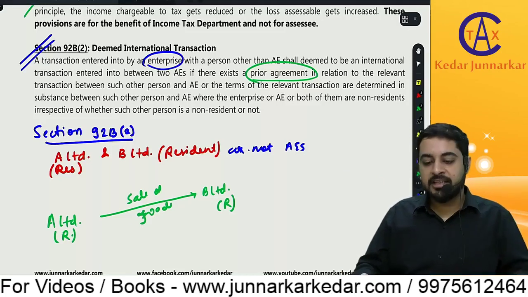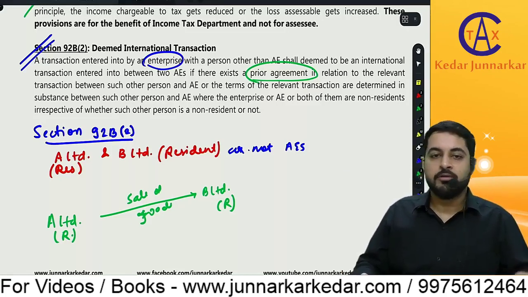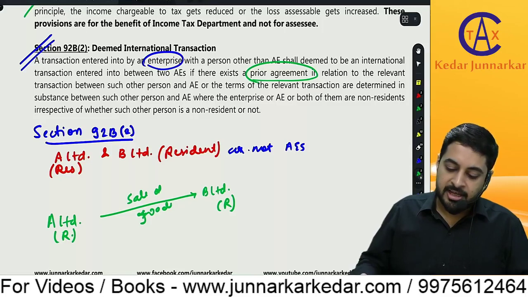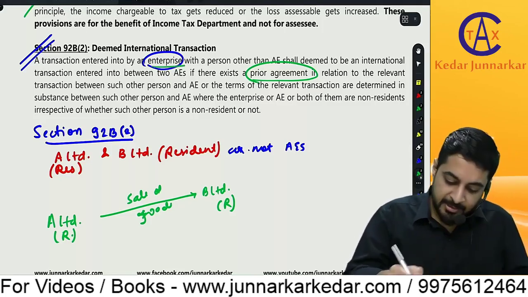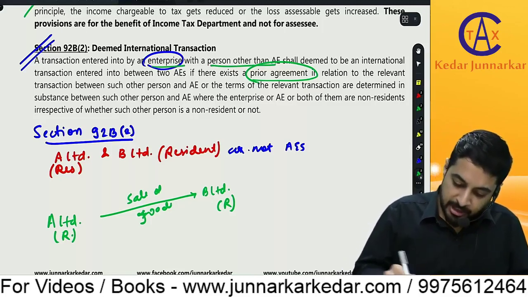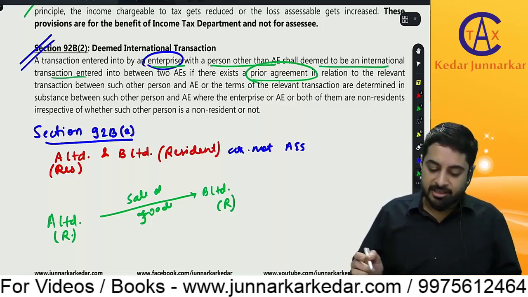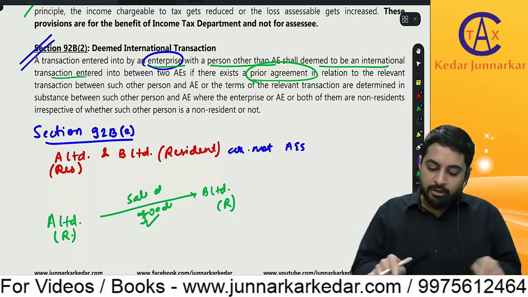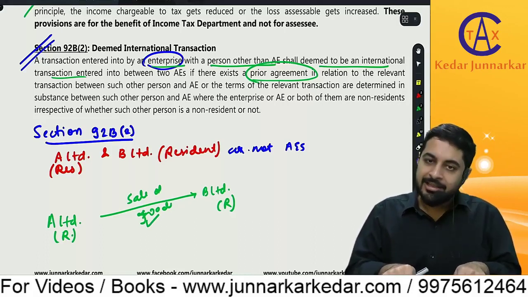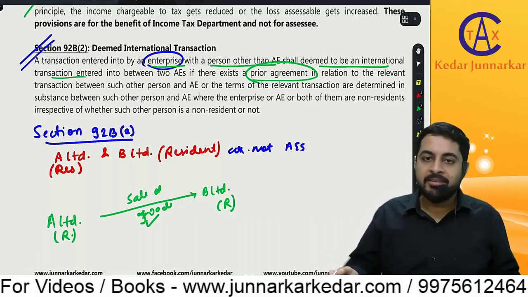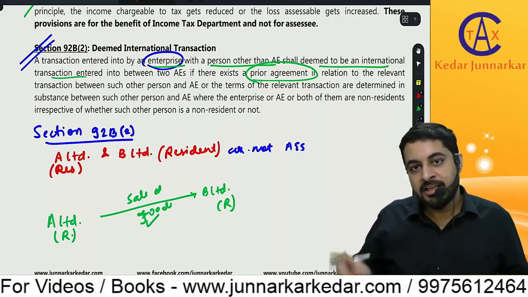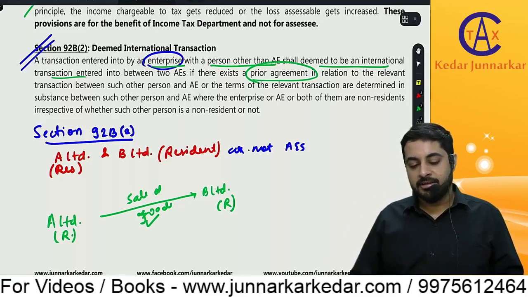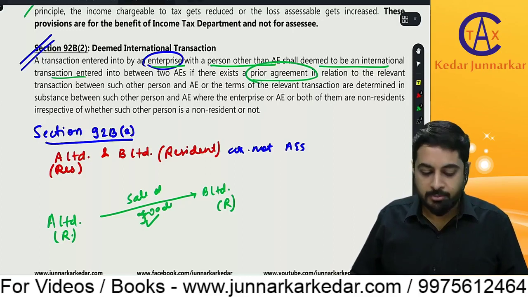So the intention of this transaction is to avoid the provisions of transfer pricing. In that case, the transaction between the enterprise, that is A Limited, and a person other than AE will be deemed to be an international transaction. Even if you look at this transaction, it does not comply with the conditions. None of the parties are non-resident and they are not AEs. Still, it will be deemed to be an international transaction, and transfer pricing would apply.